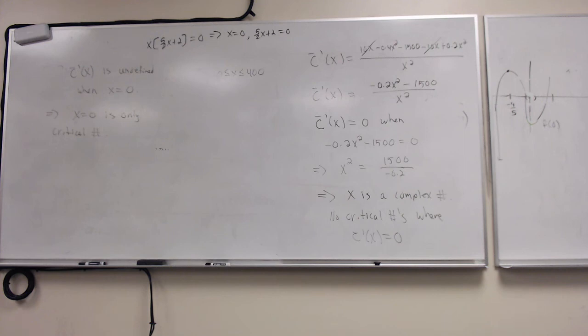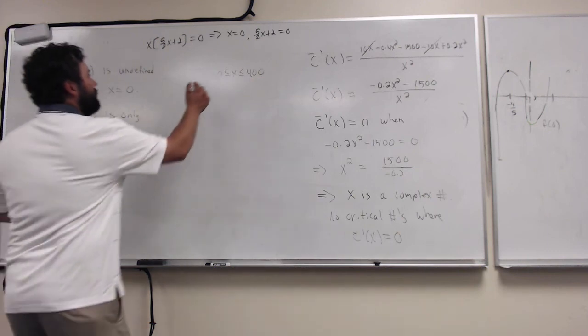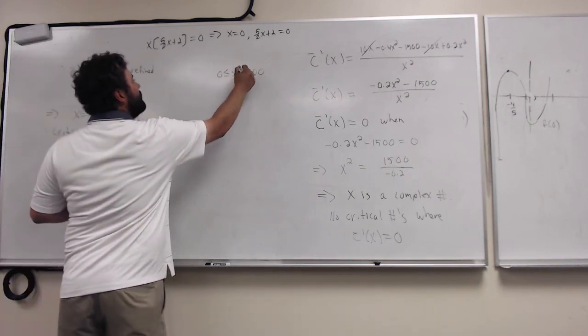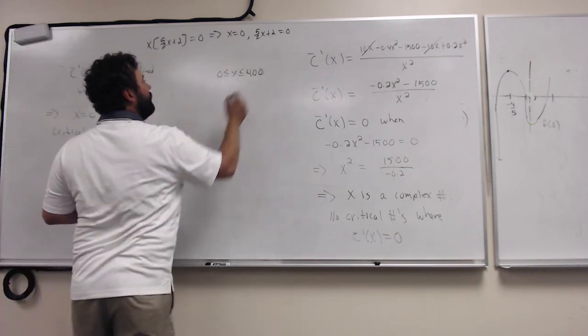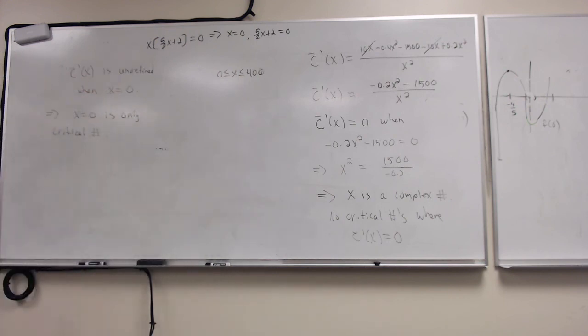Basically you can't have relative max or mins at endpoints. And since 0 is a critical number, and remember what our domain was? Our production levels between 0 and 400. So relative max and mins can only happen on the interior of a domain. So my critical number would have to be greater than 0 or less than 400 to be able to even have a relative max and min.